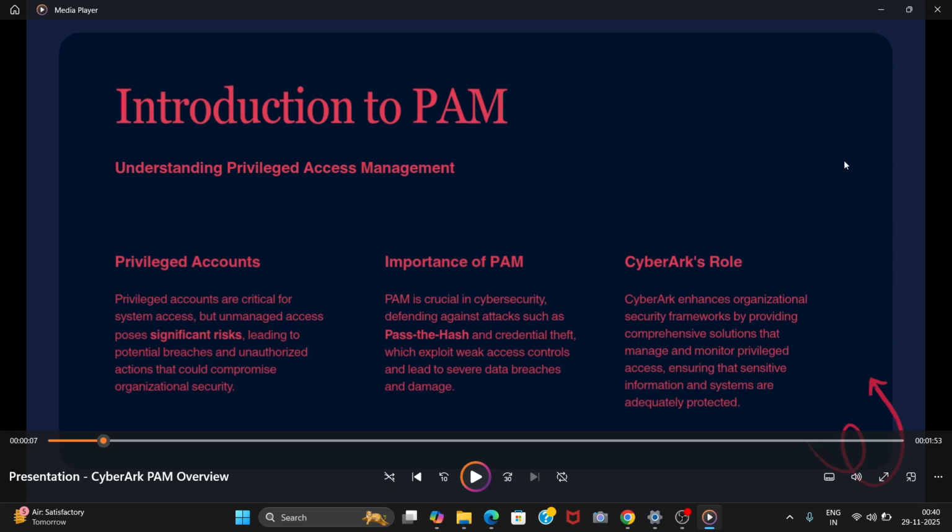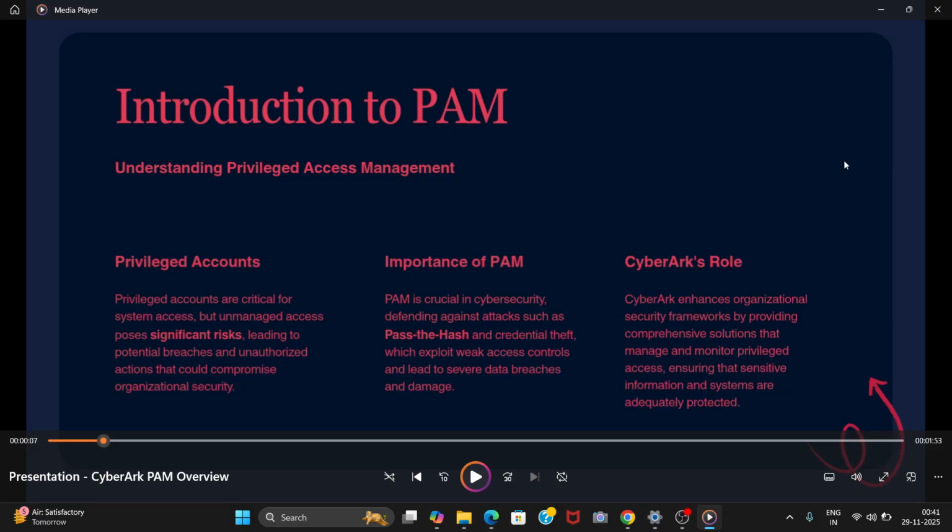So, understanding privileged access management first. What is privileged access management? That needs to be understood, because it is the first thing that comes to mind while starting a career in PAM. It is definitely access management.